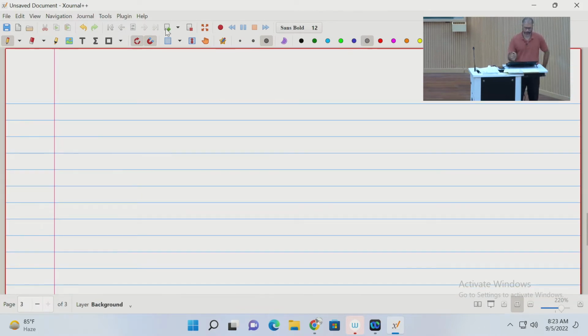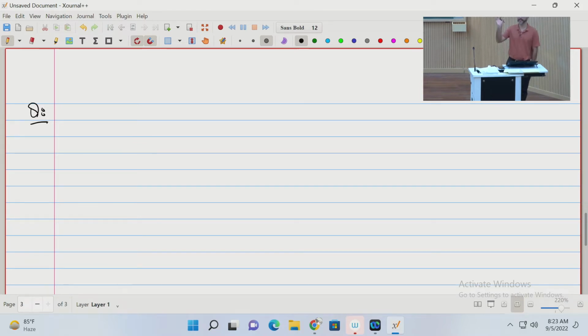Let me ask you a more philosophical question here. Why would we use the work energy theorem as opposed to Newton's second law? Because this is just obtained from Newton's second law. I started with F equals ma and got the work energy theorem.